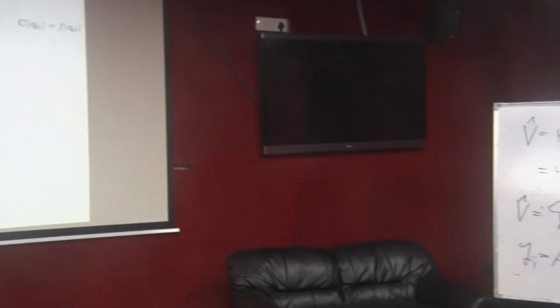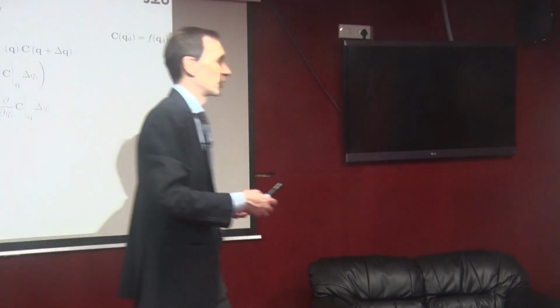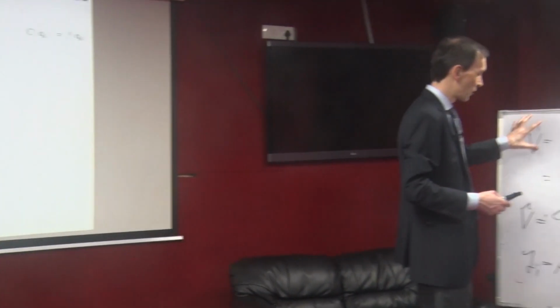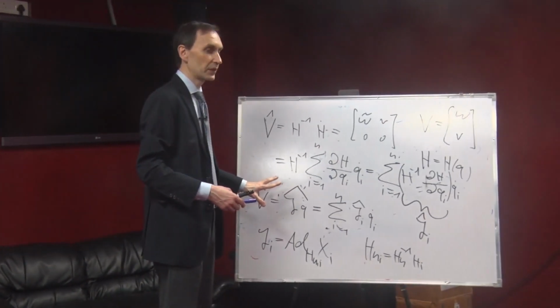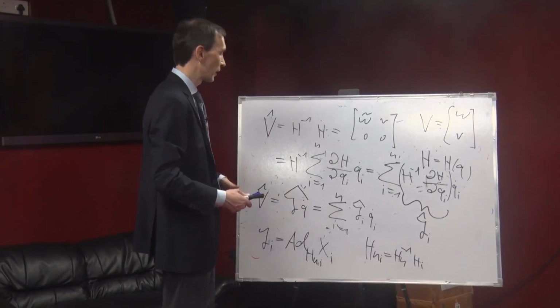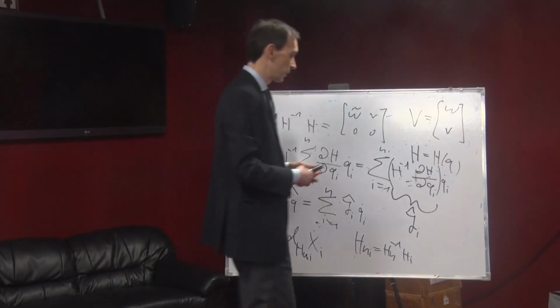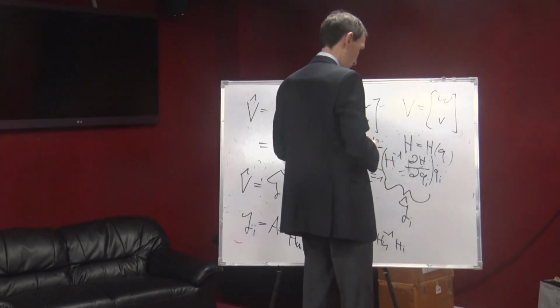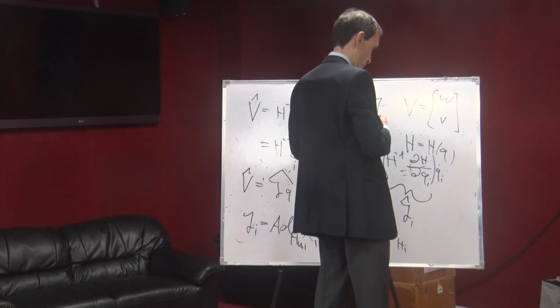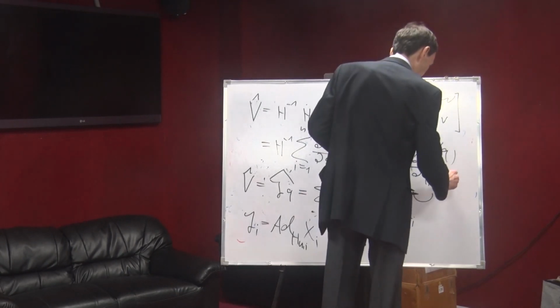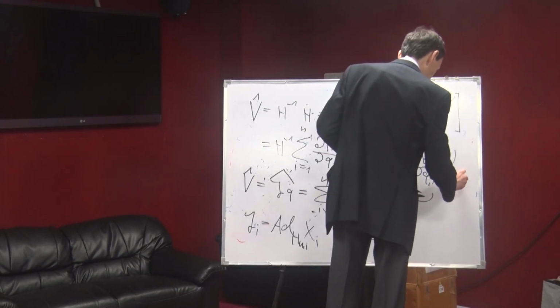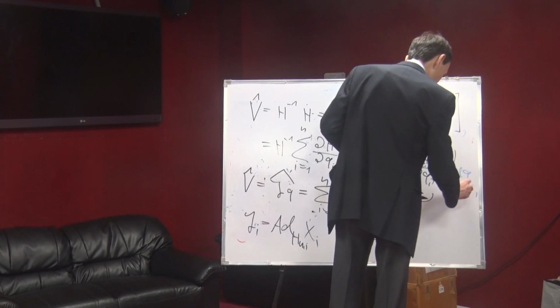Now this is always the same idea with the Jacobians, because this Jacobian of course has to do with velocities, right? But instead of having velocities, this is of course dq dt.